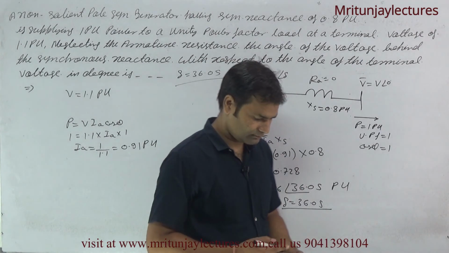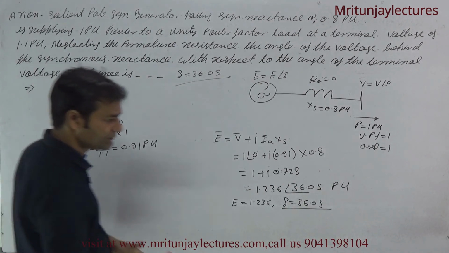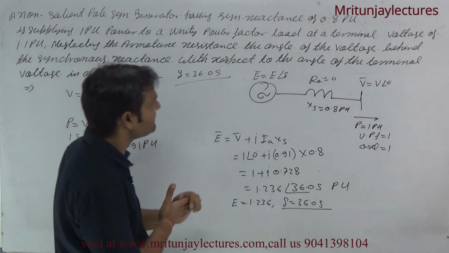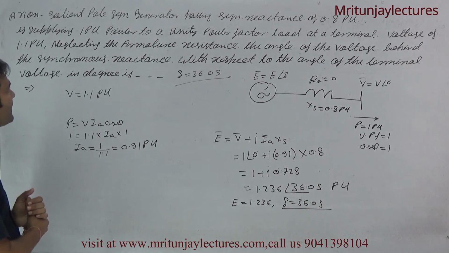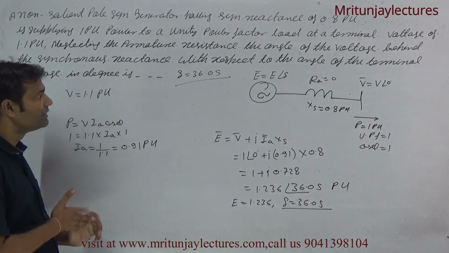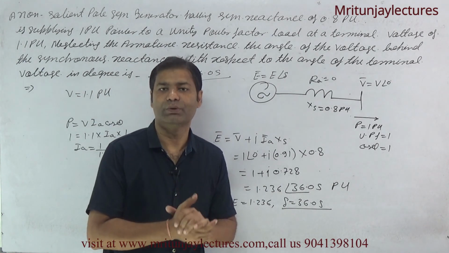Clear what I'm saying? Corresponding to the question here, a non-salient pole synchronous generator having synchronous reactance given as 0.8 is supplying 1 pu power, P is equal to 1 pu, to a unity power factor load. Unity power factor means cos phi is equal to 1.